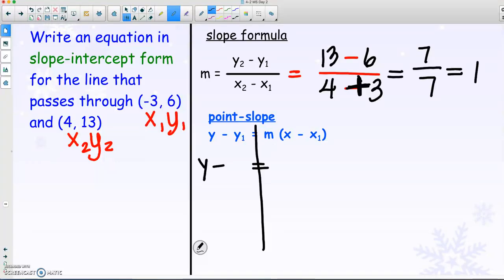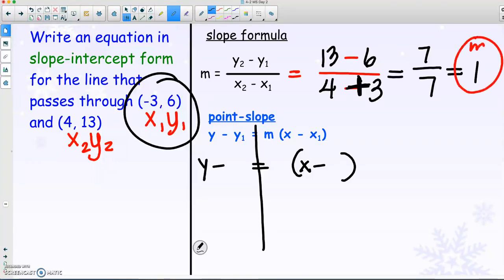And then I can substitute x1, y1, and my slope is m. So y minus 6 equals 1, and then x minus negative 3. So this one turns into a plus. And distribute. 1 times x is 1x, plus 1 times 3 is 3.